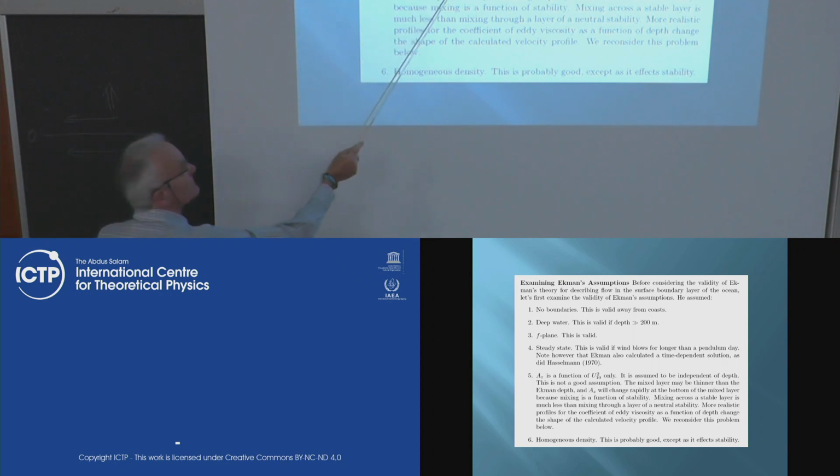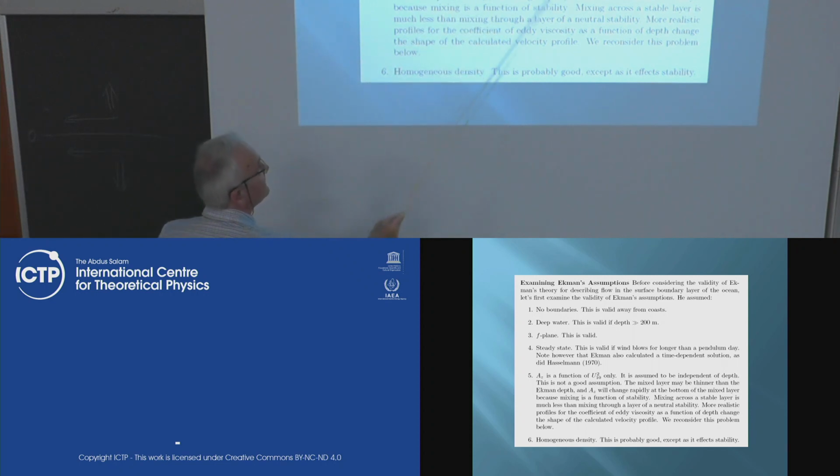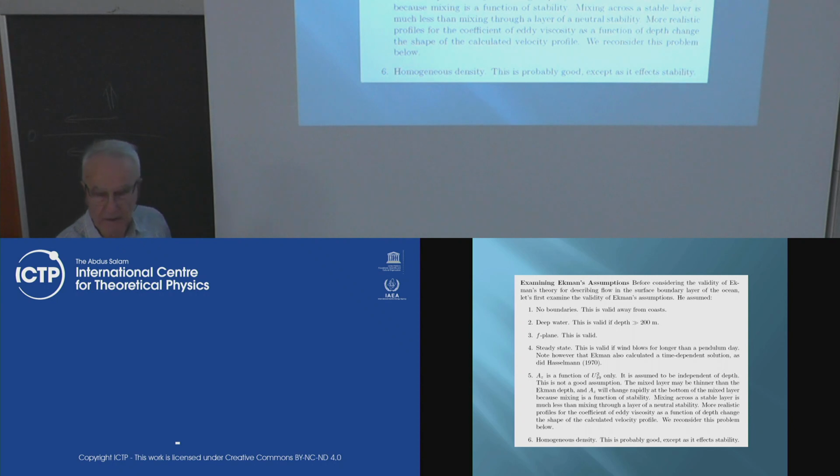Then we have deep water, valid for water depth higher than 200 meters. Why? Because the surface Ekman layer is on the order of 200 to 300 meters, so it's important that there is no overlapping of the surface and bottom Ekman layers. If they overlap, the solution doesn't work.